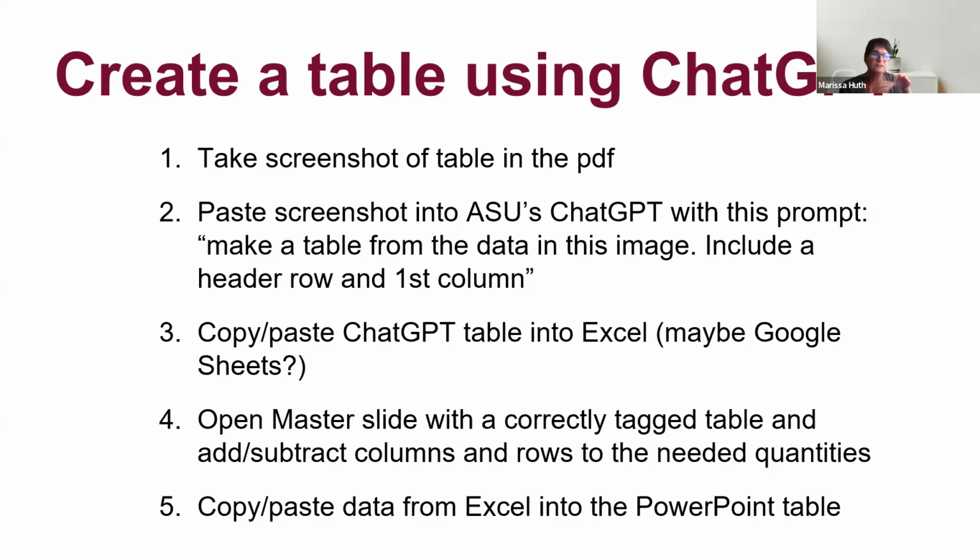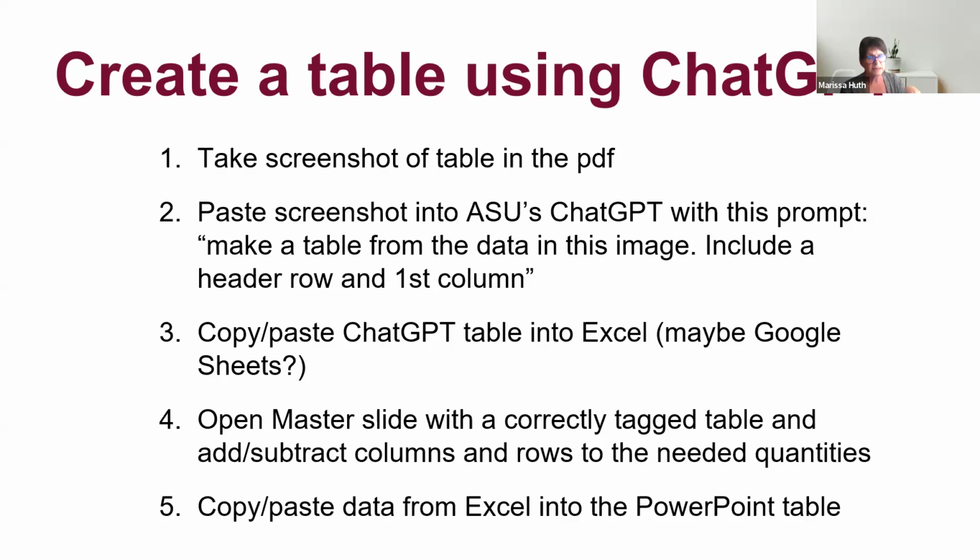I used a prompt that said, make a table from the data in this image and include a header row and first column. Then it created a table for me, but again, I still wasn't able to directly copy paste into PowerPoint. So I pasted it into Excel. It might also work in Google Sheets, but I didn't try that.